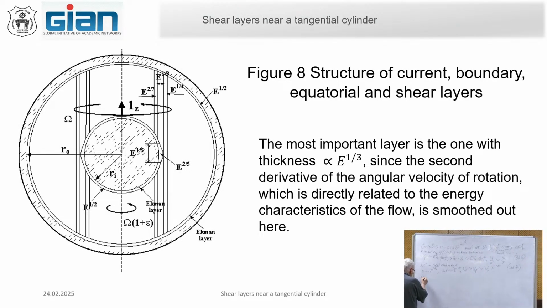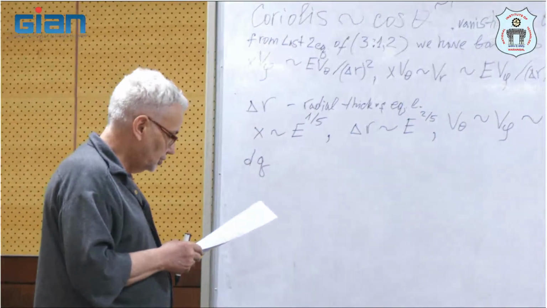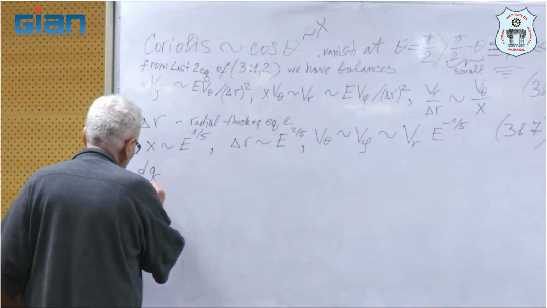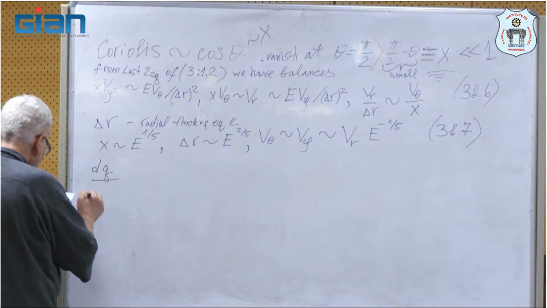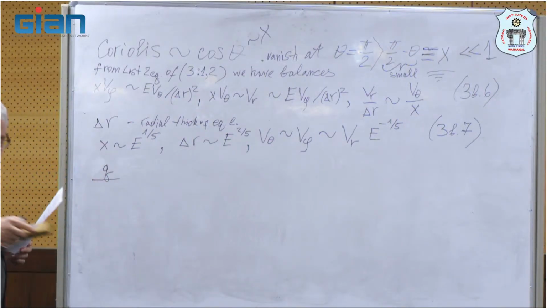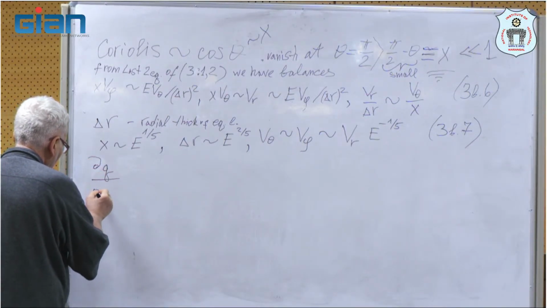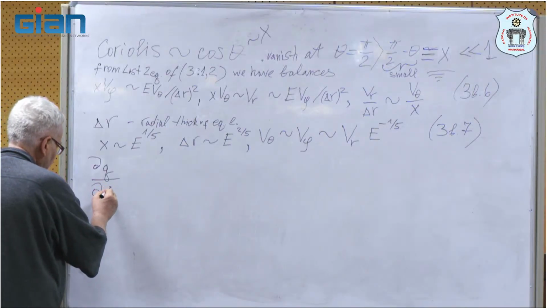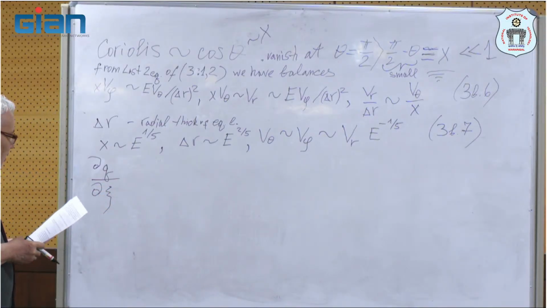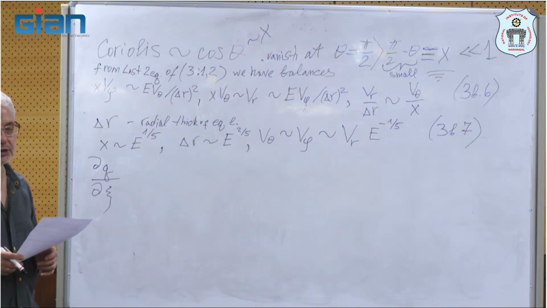So some addition to the pressure, over the X, whereas X, again, is a stretched variable, but not quite the same variable as that we used for the Ekman layer.